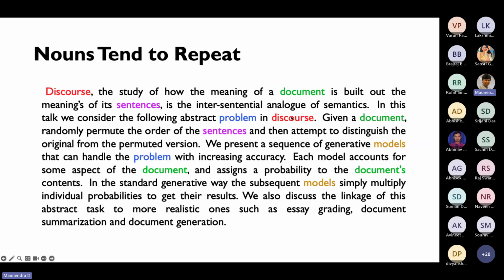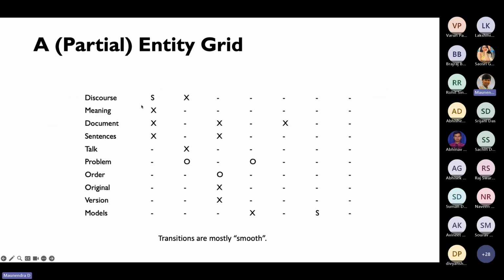That's what is captured, and the word discourse doesn't appear in the subsequent sentences. So the first sentence has it with the role subject. The second one is present, but it's neither subject nor object, so another specific marker is there for that, and it's not there in any other sentence.